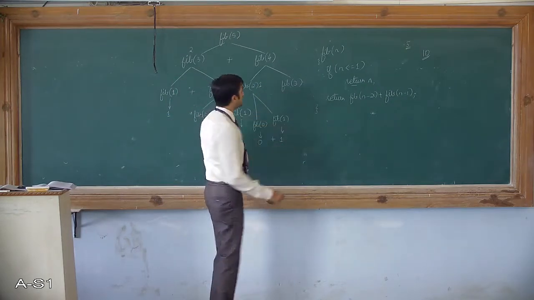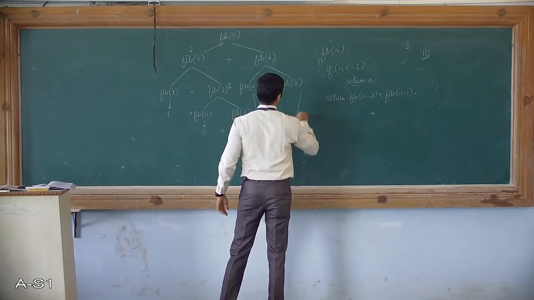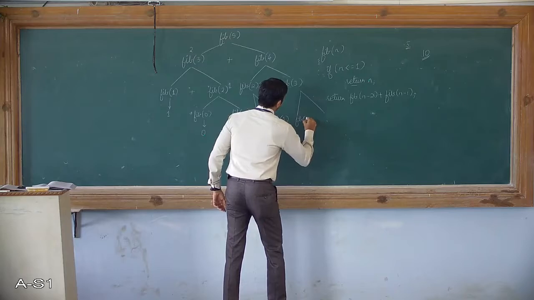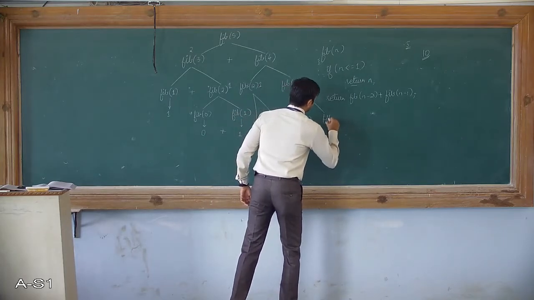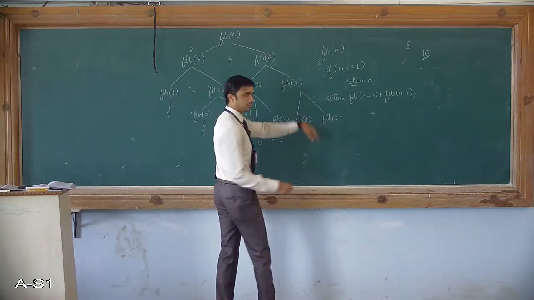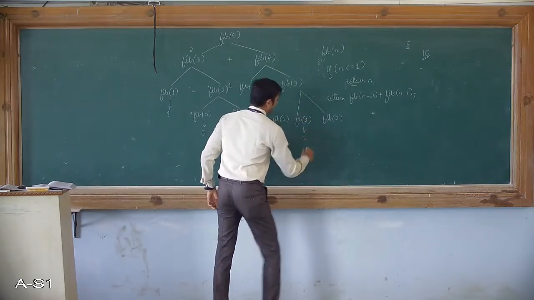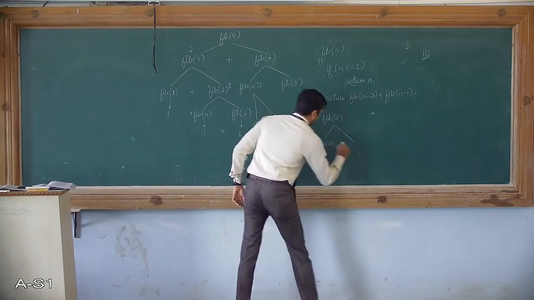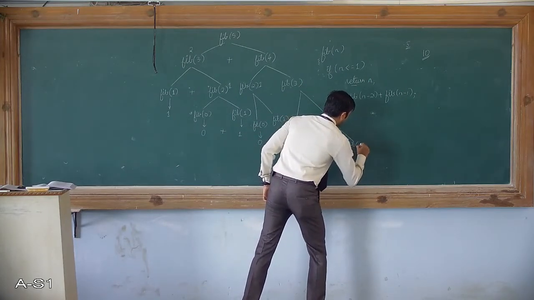Coming to the right hand side, fib of, this will be 1 and this will be fib of 2. Fib of 1 is 1. Fib of 2 again will be split into fib of 0 and fib of 1.